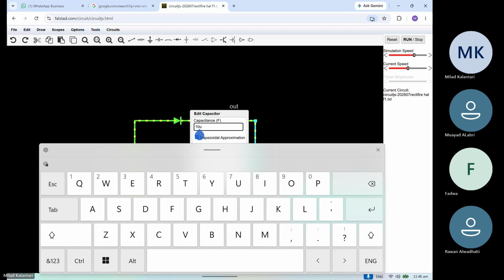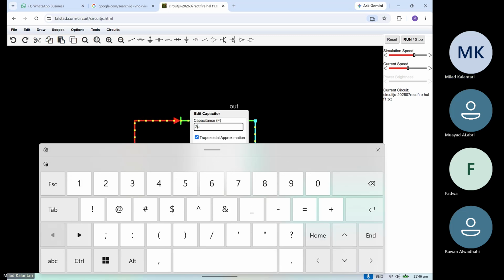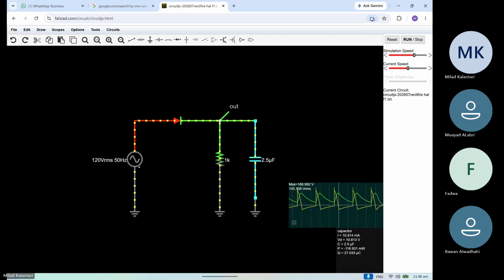So 10 millisecond, if we want to make it 2.5 times this, that is 2.5 millisecond. Now the time constant is 2.5 millisecond, right?